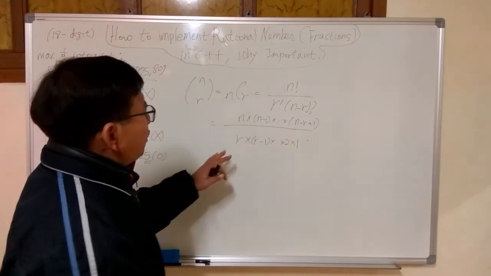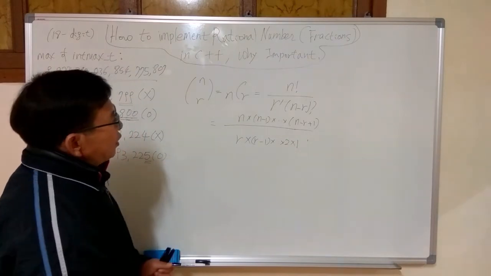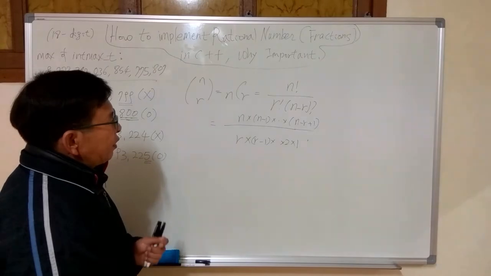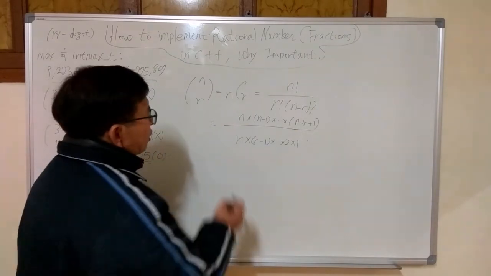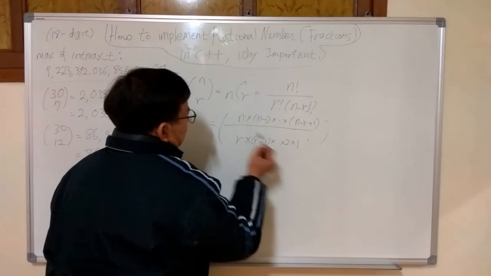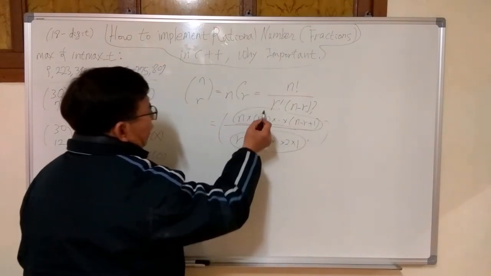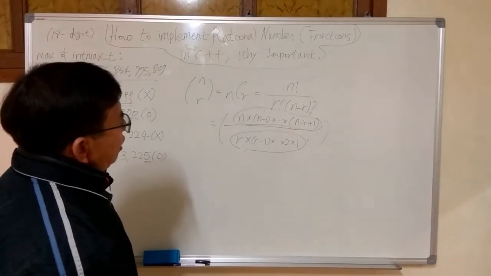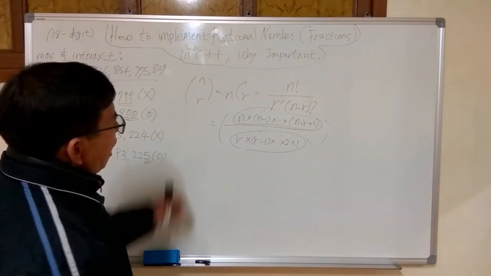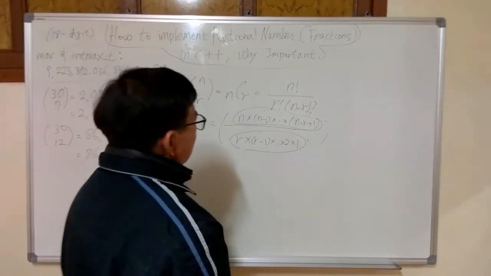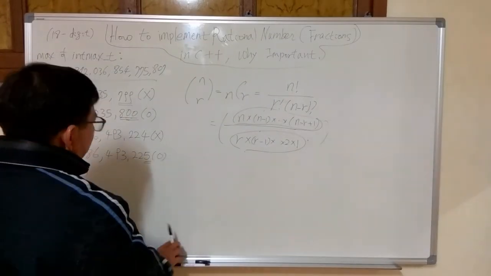If we don't implement this equation properly, we are having problems, because this is an integer divided by another big integer. These are very big integers. So I will implement this in C++ code, then I will show you why this becomes a problem.